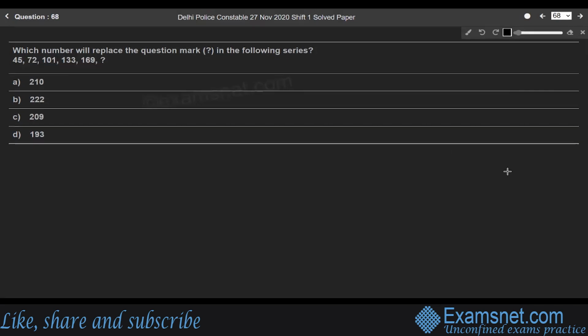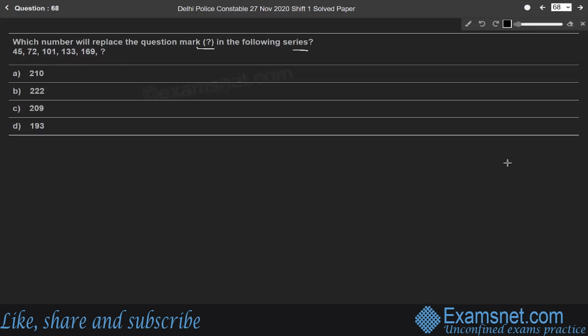Question 68. Which number will replace the question mark in the following series? 45, 72, 101, 133 and 169. Here the difference between 45 and 72 is 27. Next number is 101 and the difference is 29.